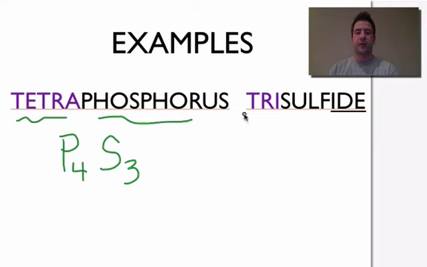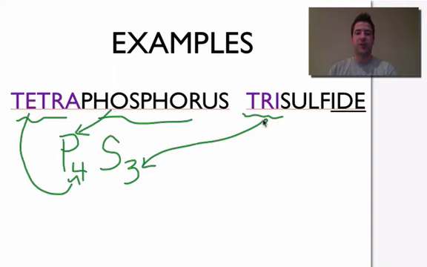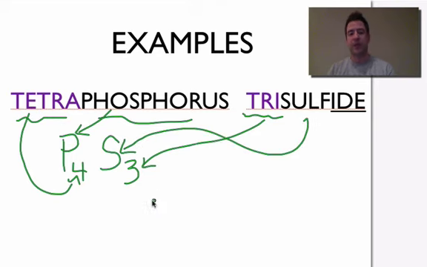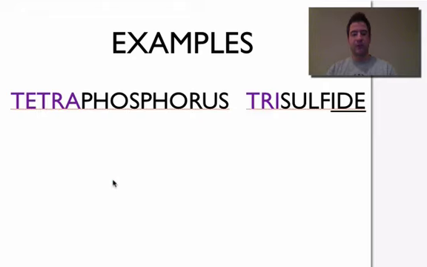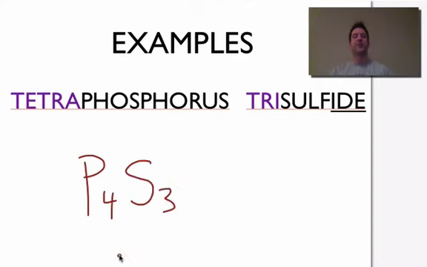So I write the prefix as a subscript right there. Tetra is written as a subscript. Phosphorus is written as the symbol, and sulfide is written as the symbol as well. I'll just erase that and write it one more time just to help you out. P4S3. And that's our formula. P4S3 is tetraphosphorus trisulfide. We got rid of the IDE, and that's actually sulfur on our periodic table.